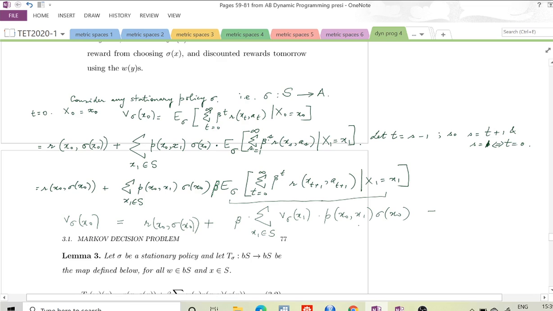For what map from states to states is v sigma a fixed point? So it's this. So let me call that map T sigma.